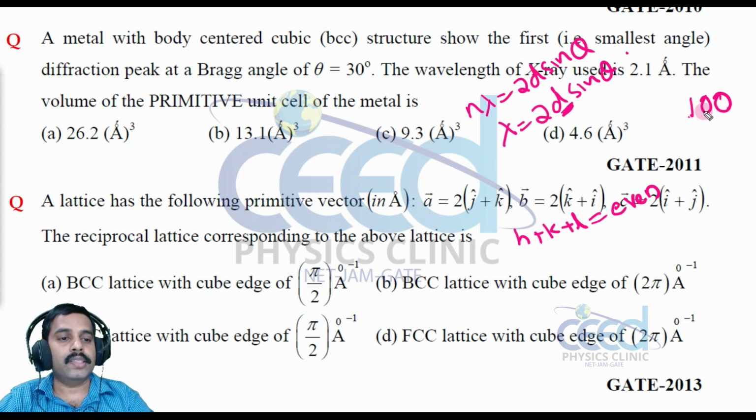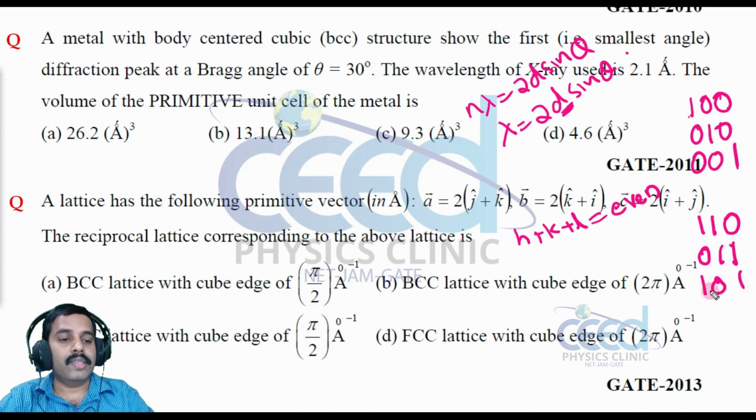So these planes are not representing peaks, because h plus k plus l is odd. Such peaks are absent, right? So 0 1 0, 0 0 1, these all are absent. Now the next possible value is 1 1 0, 0 1 1 and 1 0 1.